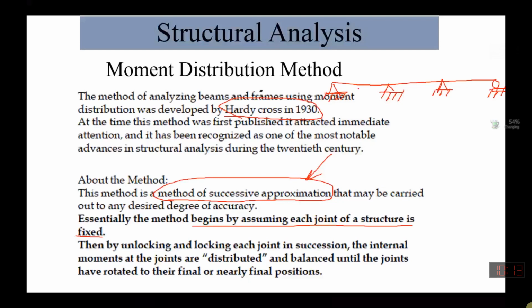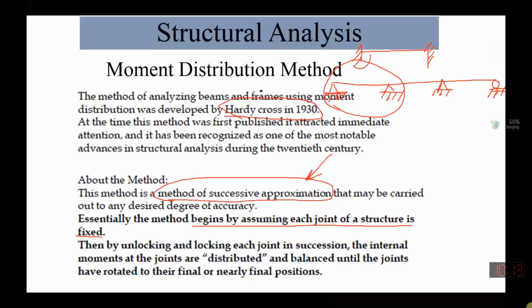So we'll go by this, that there are a number of multiple spans over here. Initially we consider that each joint is fixed. We consider that both ends are fixed, something like this. So initially our first assumption is that every joint of the structure is fixed.